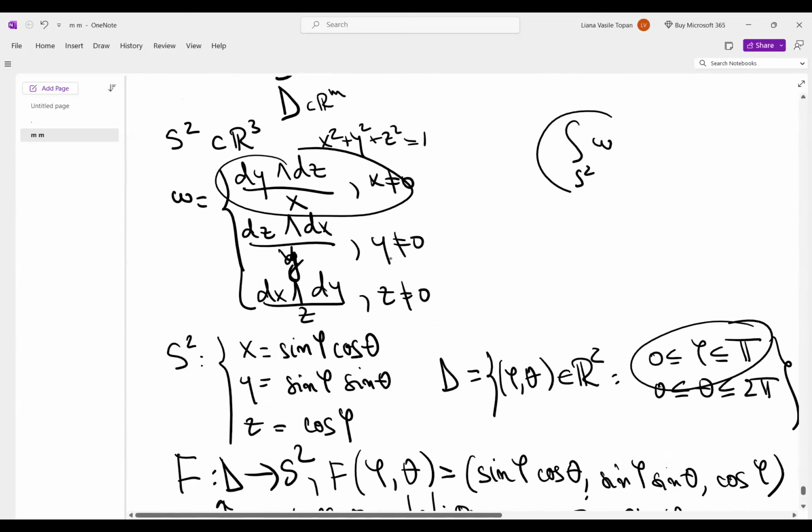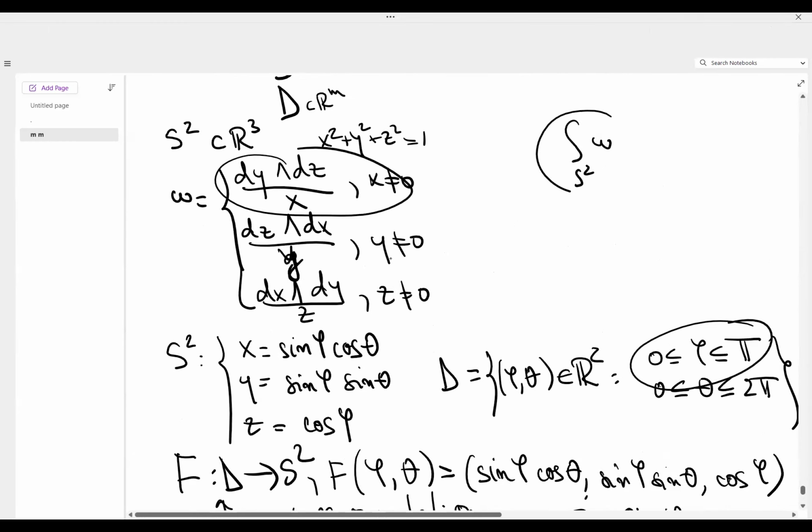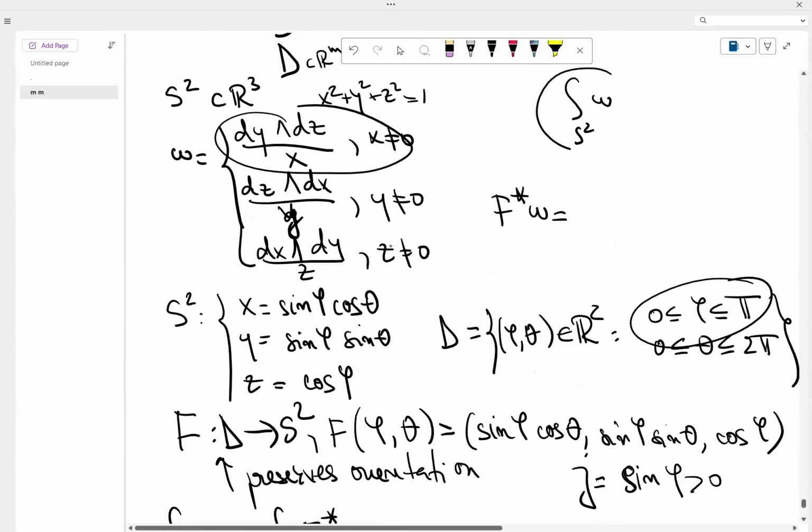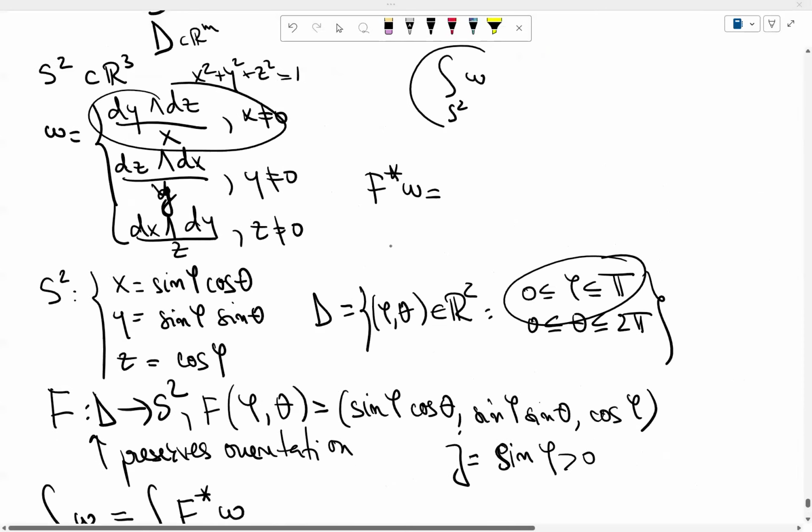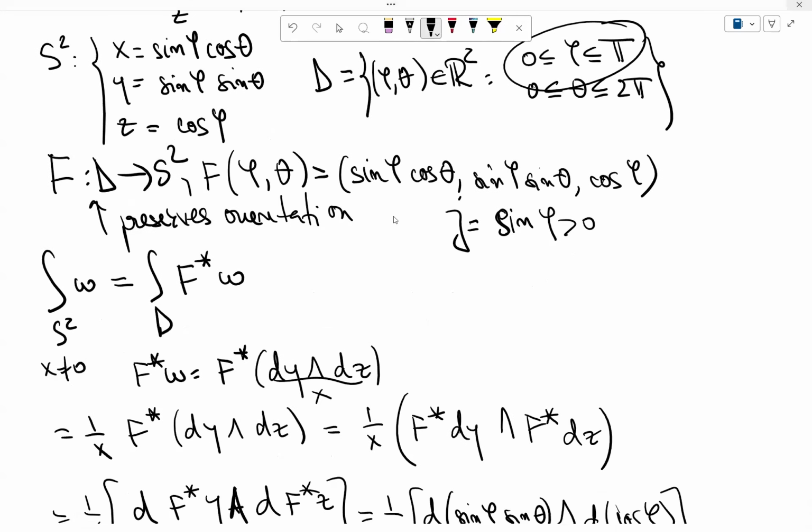So this means that this pullback is always sine of phi d phi wedge d theta. Okay, so I'm going to go and replace here, right?